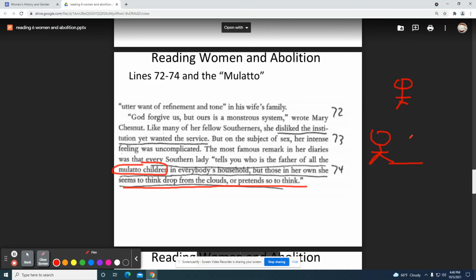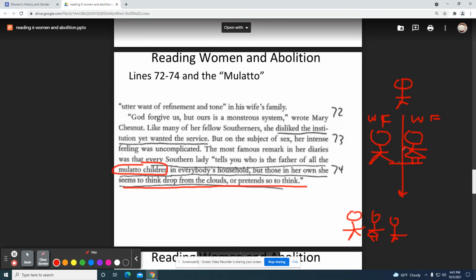So here we have a married couple, both white and free. And now we have this child here. So I don't know, they have 10 slaves, male and female. All of the children should be either white or black, and we should be able to clearly see a physical difference.